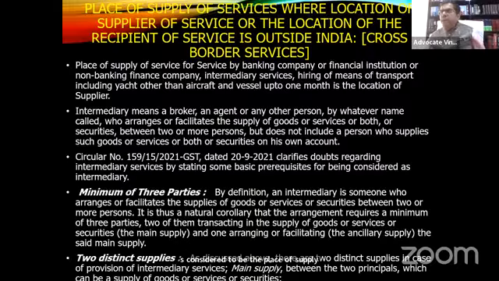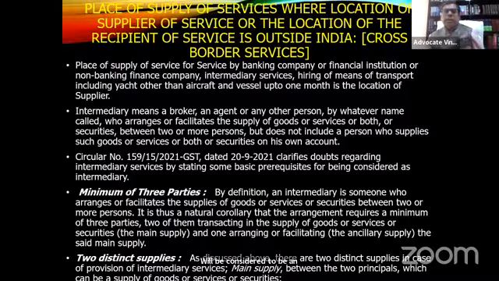So in case of an intermediary, even if one is receiving money in foreign exchange, and the recipient is located outside India, if one is facilitating some transaction, one is a broker or an agent who facilitates or arranges for the purchase or sale of goods or services between two or more persons, then such a person will be considered to be an intermediary.